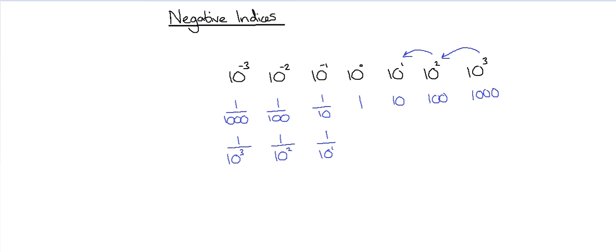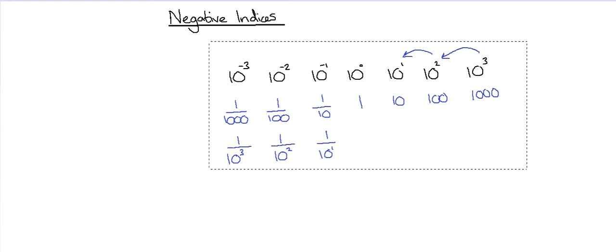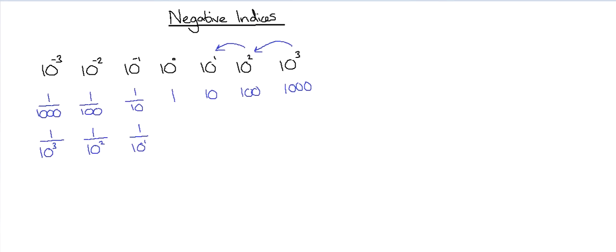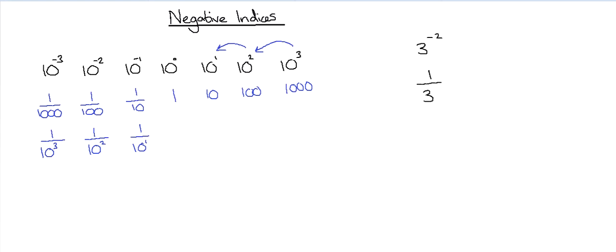But first of all, let's just take this and move it over here for now. So using this pattern, it's really simple. If I said what is 3 to the minus 2, using this sort of thing, we can say, well, that's going to be 1 over 3 squared. The power becomes positive.